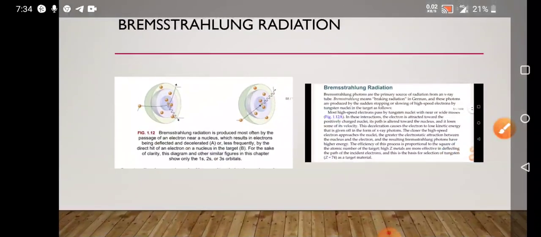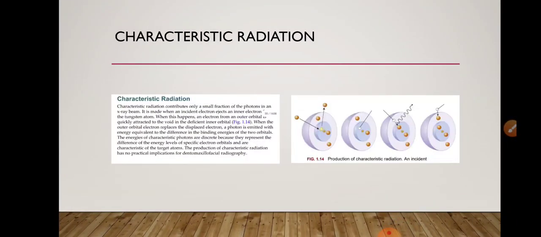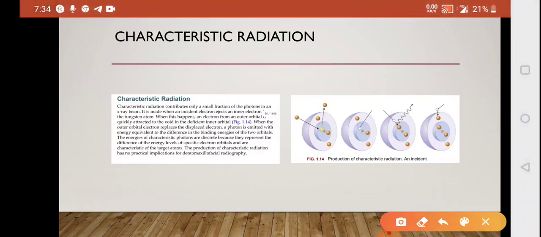Now let's come to the other one, that is known as your characteristic radiation. What is characteristic radiation? When the electron is hitting the orbit, for example, here you can see that this electron is hitting the orbit.